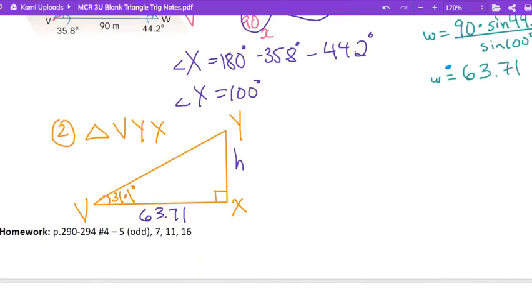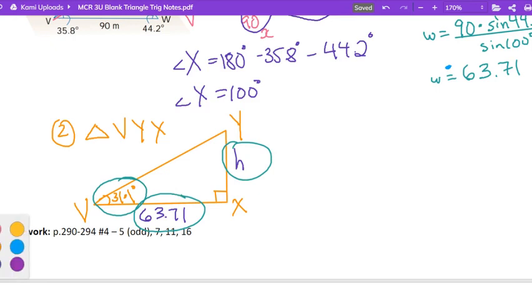Okay. Do I have enough information? Well, let's see. I've got angle, angle, and side. I've got 3 pieces of information. Let's see. If I circle the angle I've got, and I circle what I have and what I need to solve for, this is the opposite.